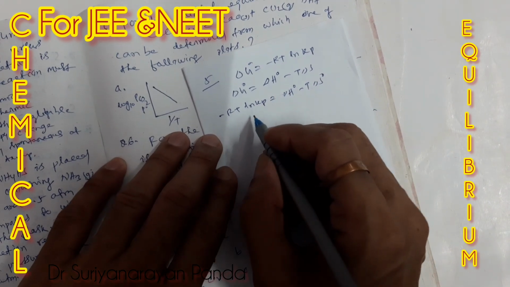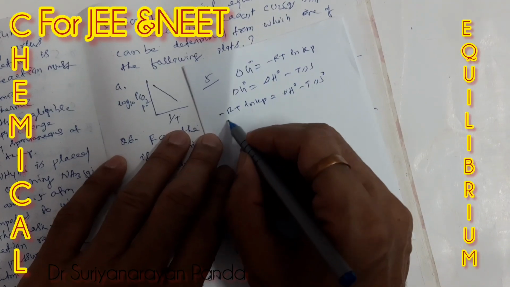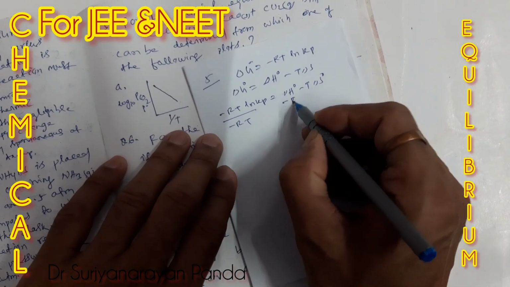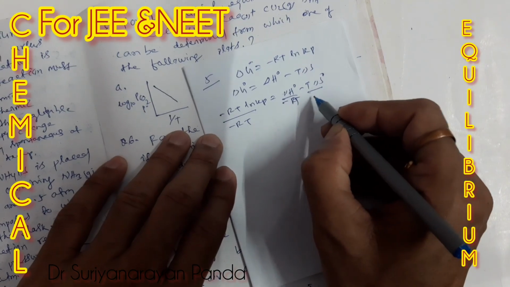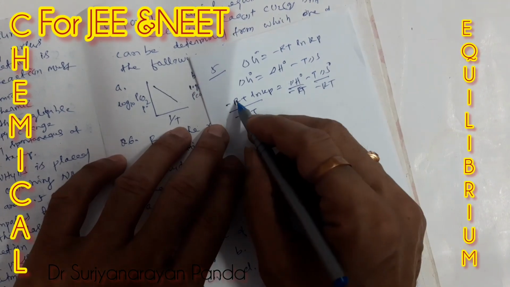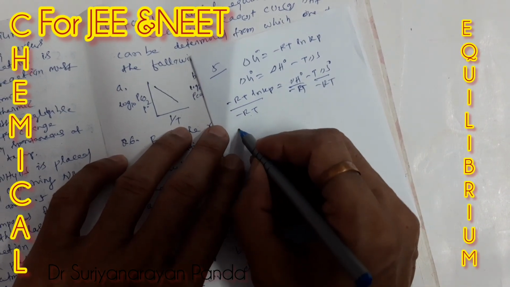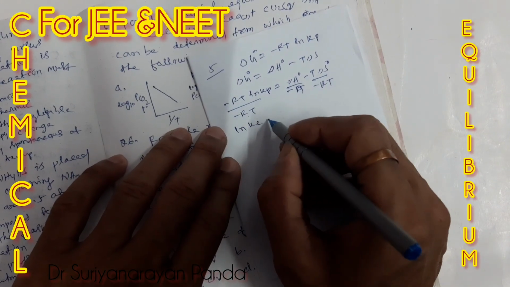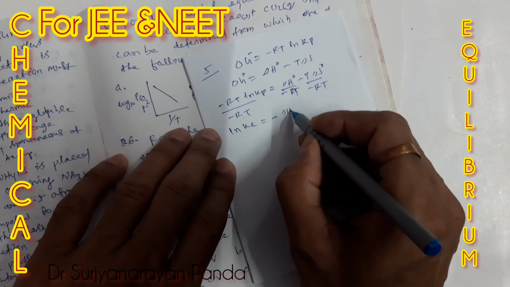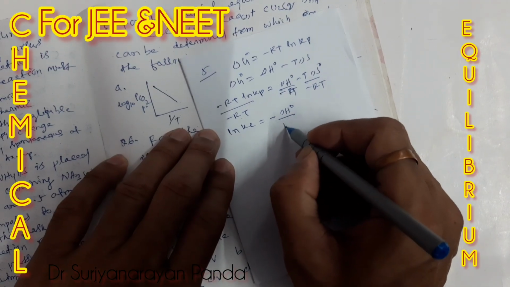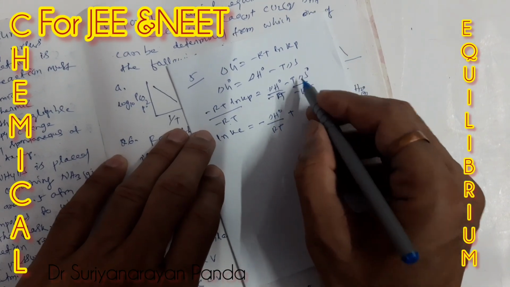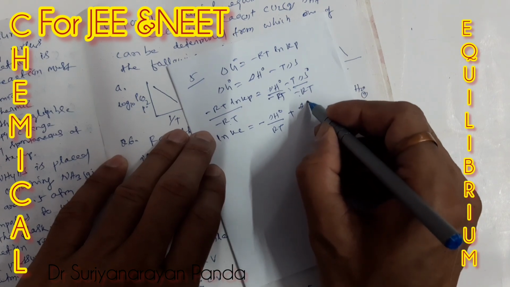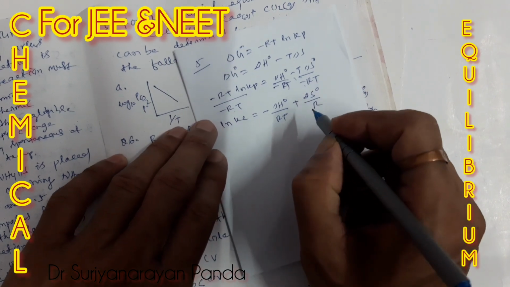Dividing both sides by minus RT, RT cancels, so you will get ln Kp is equal to minus delta H0 by RT plus T cancels, remaining delta S0 by R.